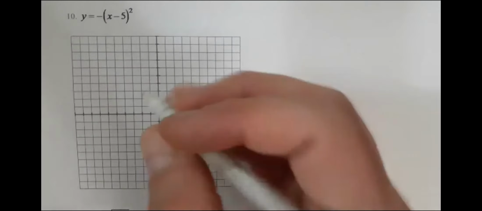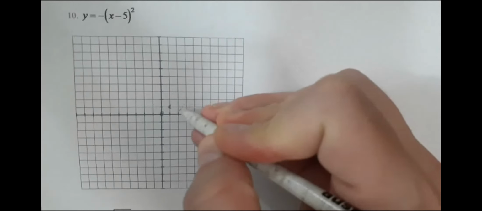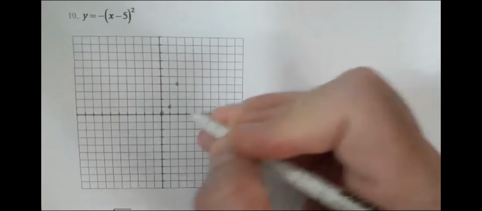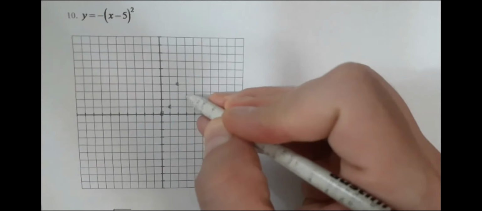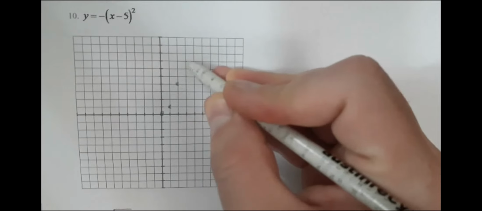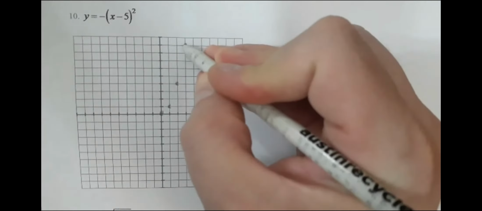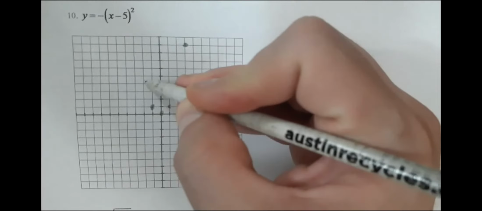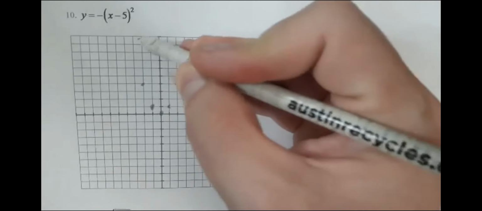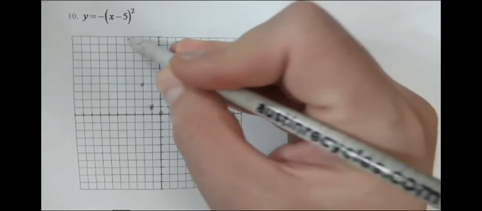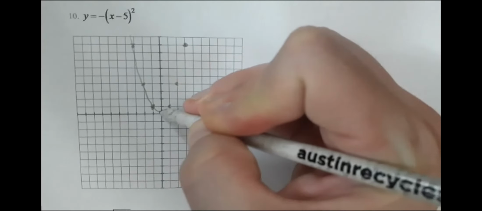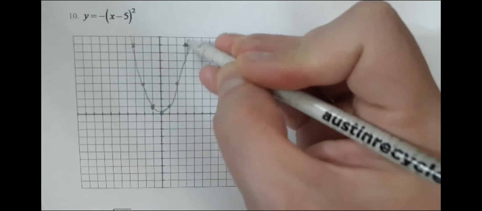Okay, so let's draw the y equals x squared. I'm going to draw it kind of lightly in pencil. 1, 1, 2, 4, 3, 9. Use this reflexive property to your advantage. This is about where my original parabola should be.